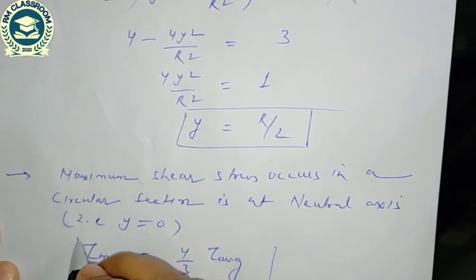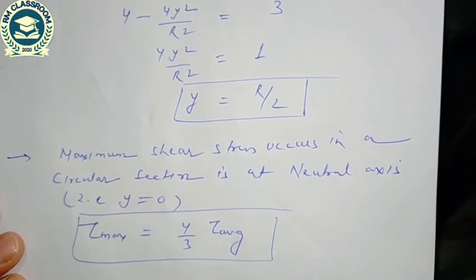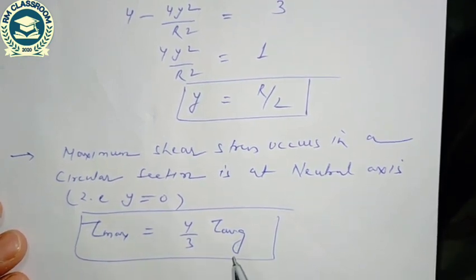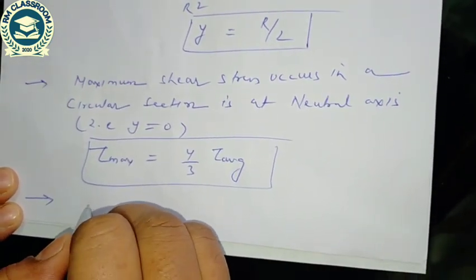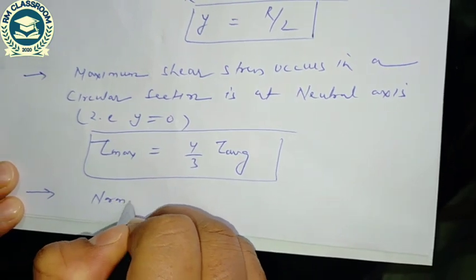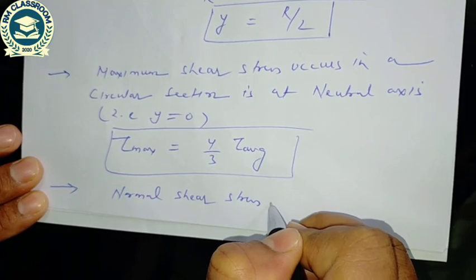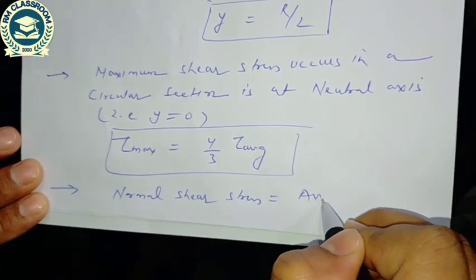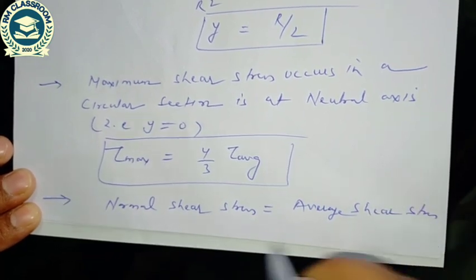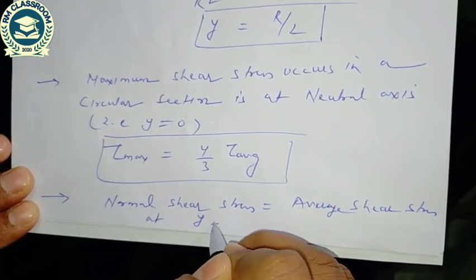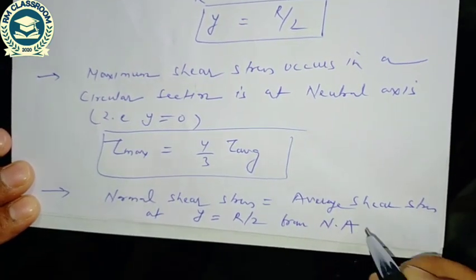So in the rectangular section we have seen maximum shear stress is 1.5 times the average shear stress, but in a circular section maximum shear stress is 1.33 times the average shear stress. Similarly, normal shear stress is equal to average shear stress at y equal to r by 2 from the neutral axis.